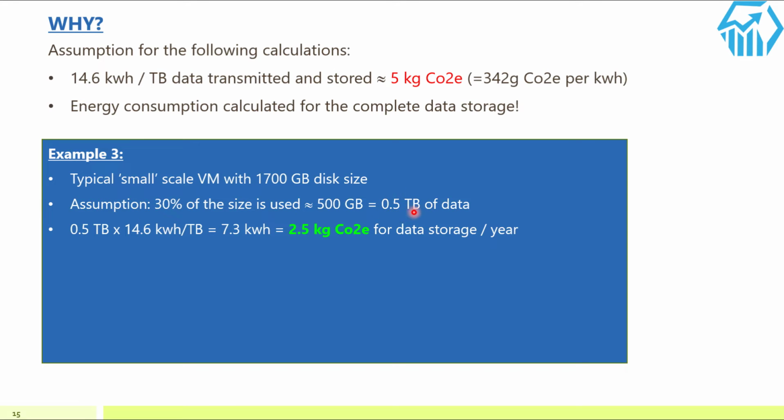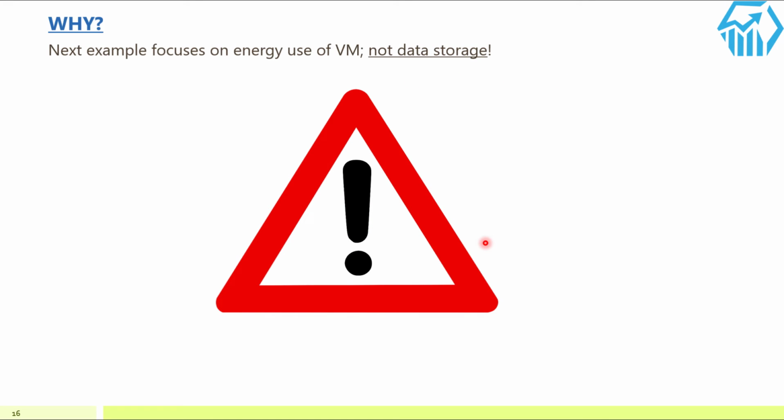And for this machine, if you make the same calculation, I have a CO2 emission of 2.5 kilo for the data storage per year. That's also not a lot. So that's very small, I would say. But now that's only the data storage.